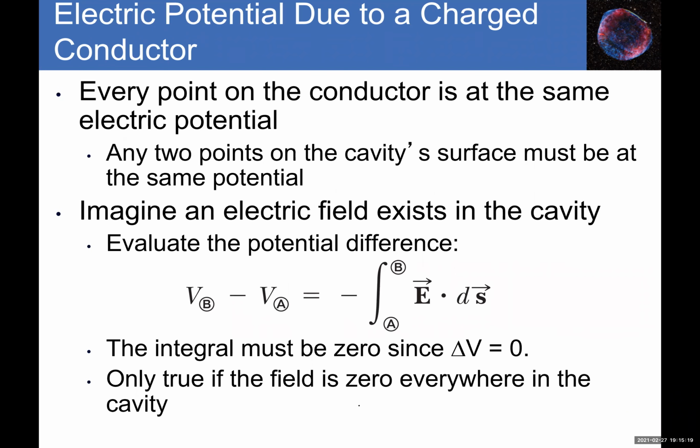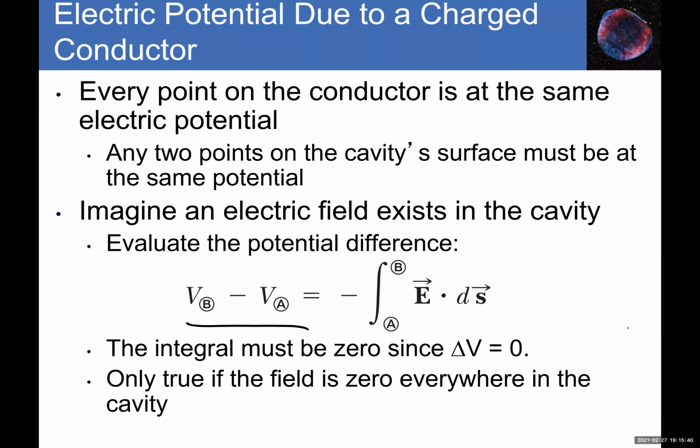Every point on the conductor is at the same electric potential. Any two points on the cavity's surface must be at the same potential. So imagine an electric field exists in the cavity. Evaluate the potential difference: VB minus VA equals negative integral between A and B of E dot ds.